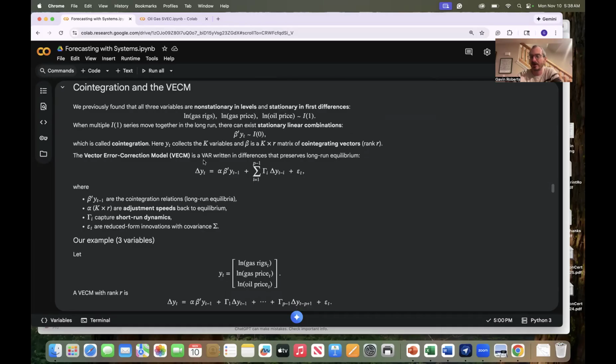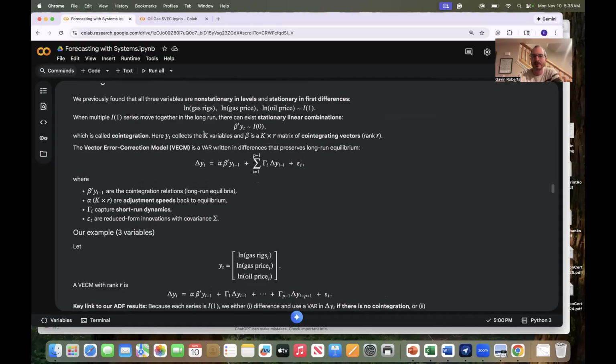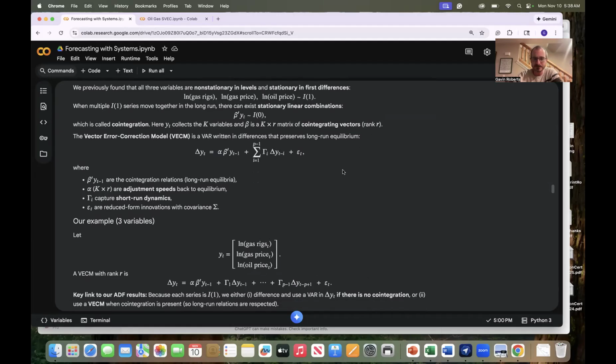We previously found, remember, that all the variables were non-stationary in levels but stationary in first differences. So we say these things are integrated of order one, which is that statement right there.